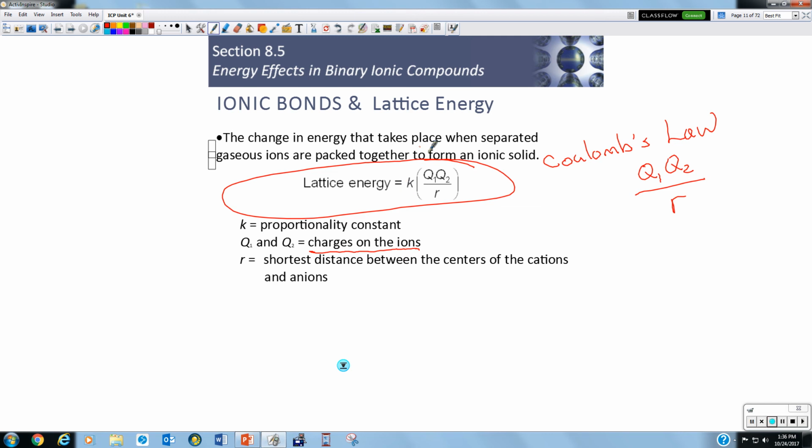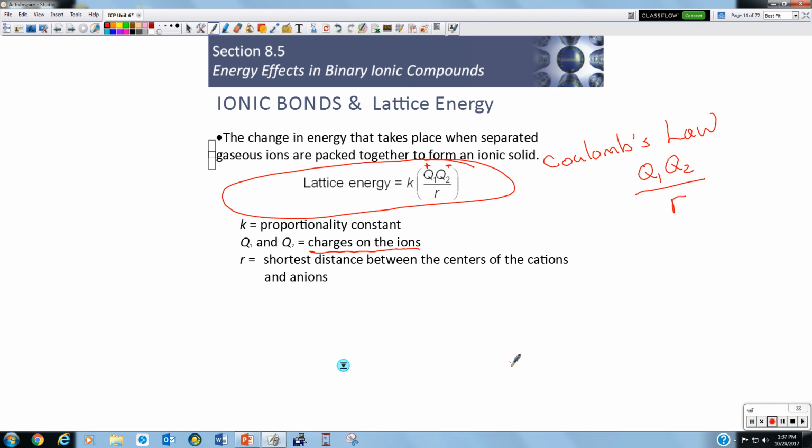So if we're dealing with an ionic compound, we're going to have one positive ion and one negative ion. Those of you that opt to take physics in the future, you're going to learn a little bit different application of this, but essentially it's going to be the same thing. In physics, you'll learn that there's really no such thing as a positive and a negative. It has to do with something else, so don't worry about that. Just worry about in chemistry, we know we have positive ions, we know we have negative ions. All right, so the charge of our first element, the charge of our second element, divided by the radius.